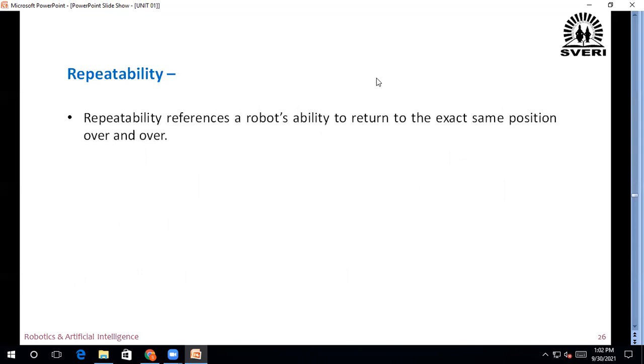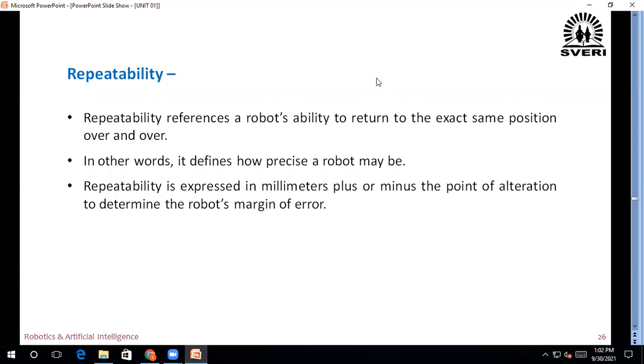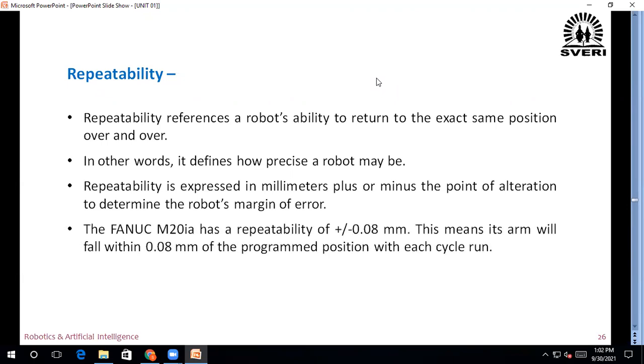Repeatability. Repeatability references a robot's ability to return to the exact same position over and over. In other words, it defines how precise a robot may be. Repeatability is expressed in millimeters plus or minus the point of alteration to determine the robot's margin of error.